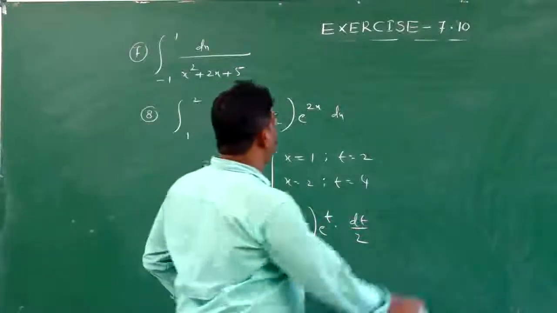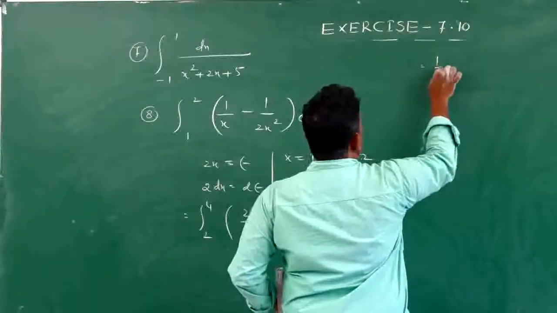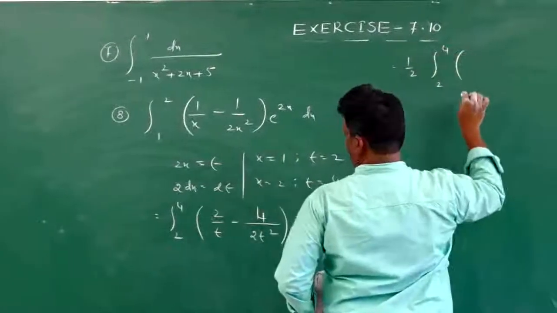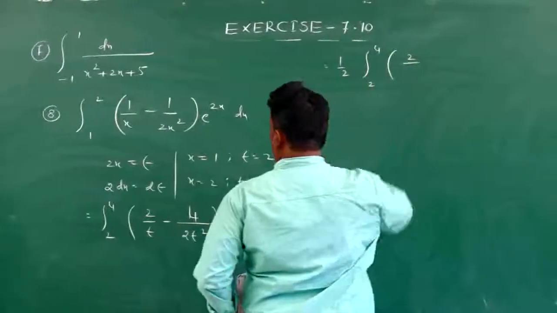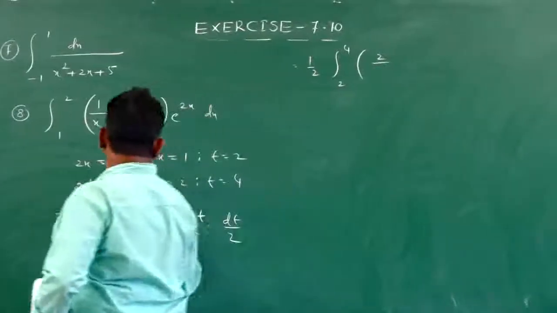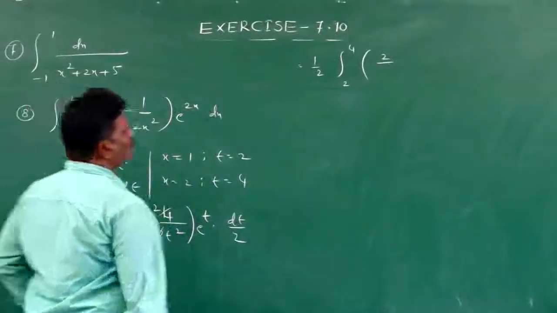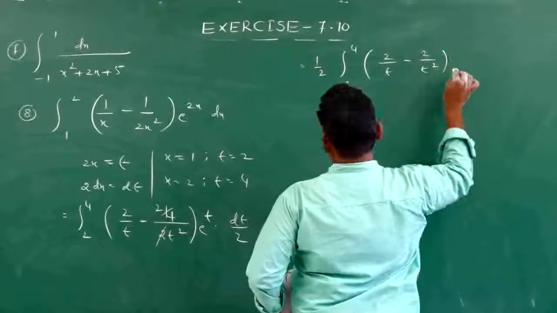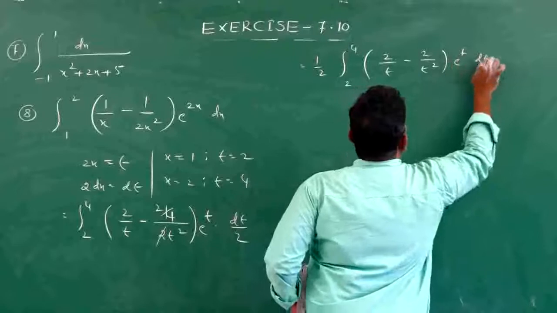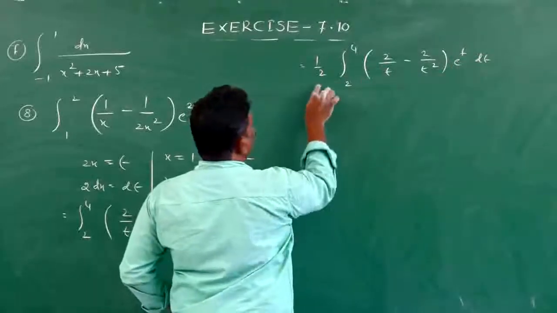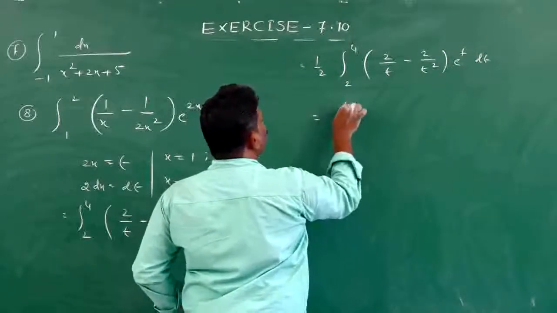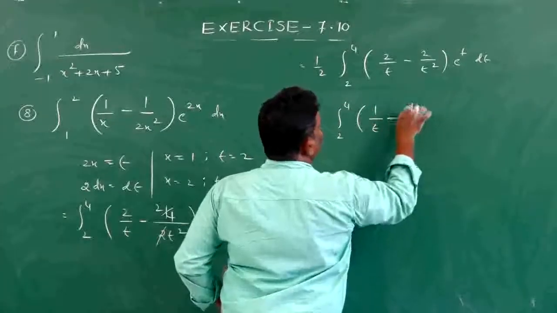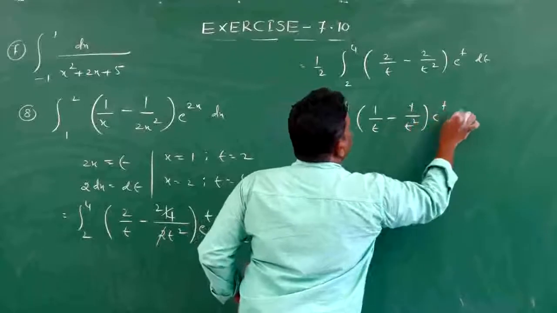So we get 1 by 2 integral from 2 to 4 of 2 by t minus 4 by 2t square, into e power t dt. Taking 2 common and cancelling, we get the integral from 2 to 4 of (1 by t minus 1 by t square) into e power t dt.